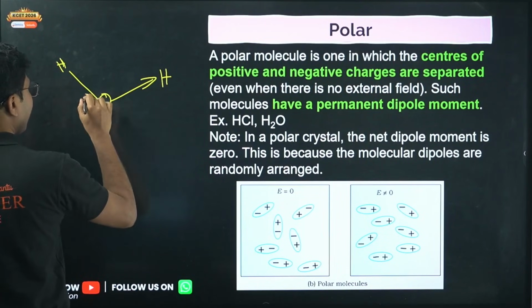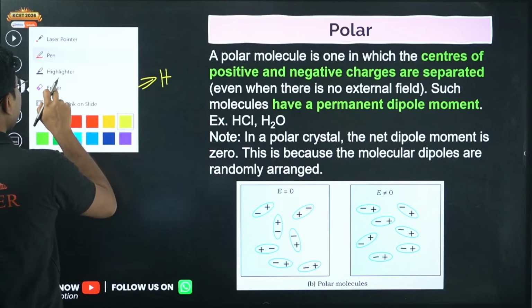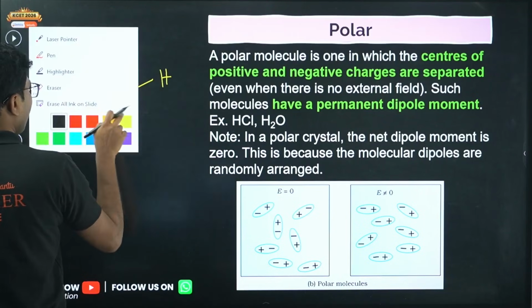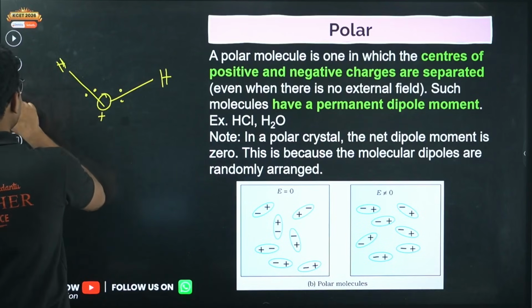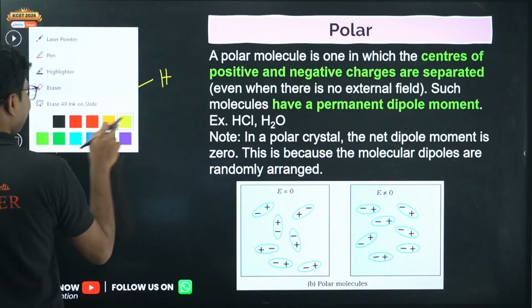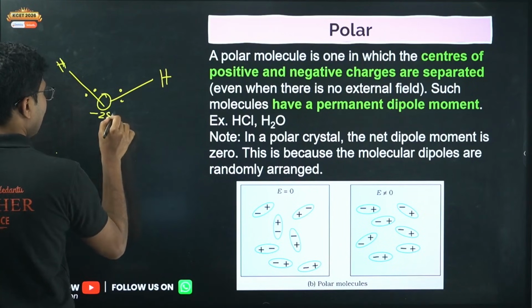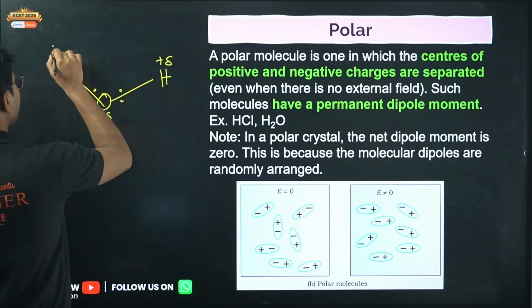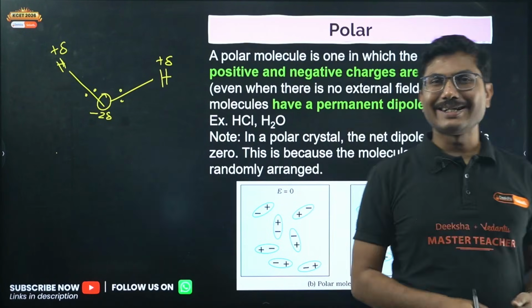The electron pair which is shared by hydrogen and oxygen shifts towards the oxygen. Because of that, oxygen becomes slightly negatively charged and hydrogen becomes slightly positively charged. So that is -2 delta, and this is plus delta, and this is also plus delta. That's why we see a net dipole moment.